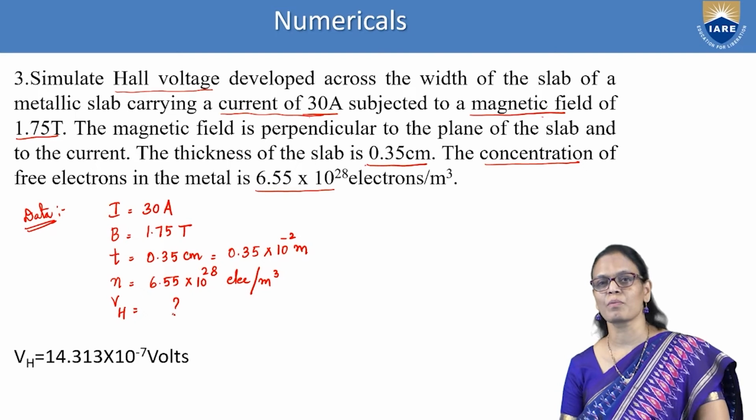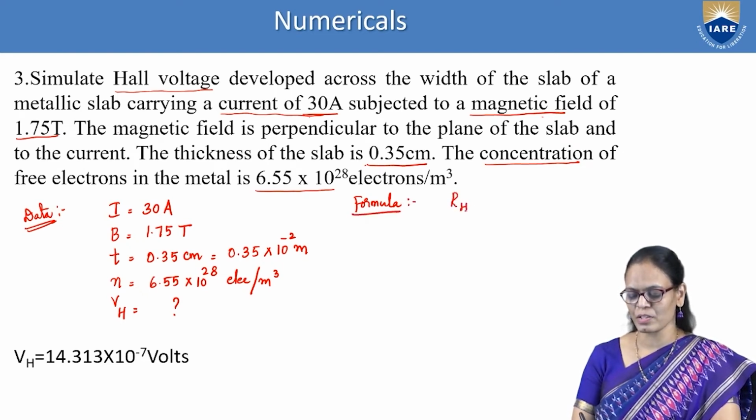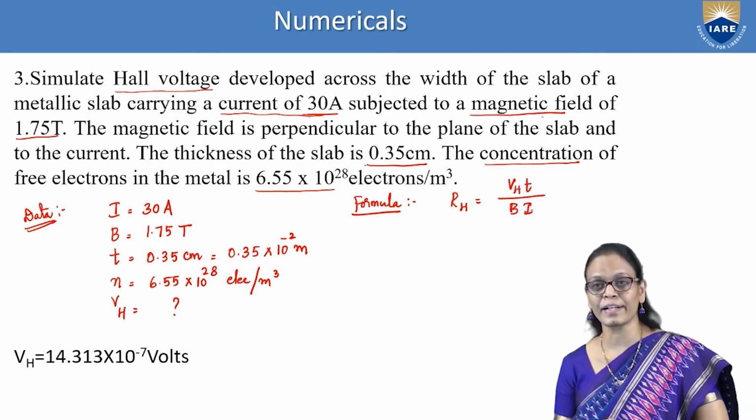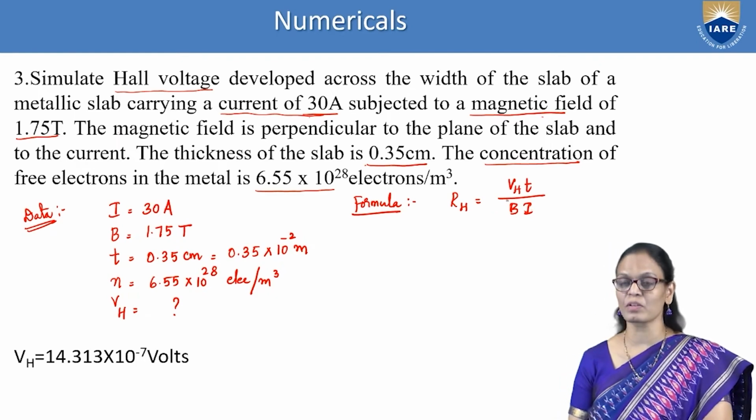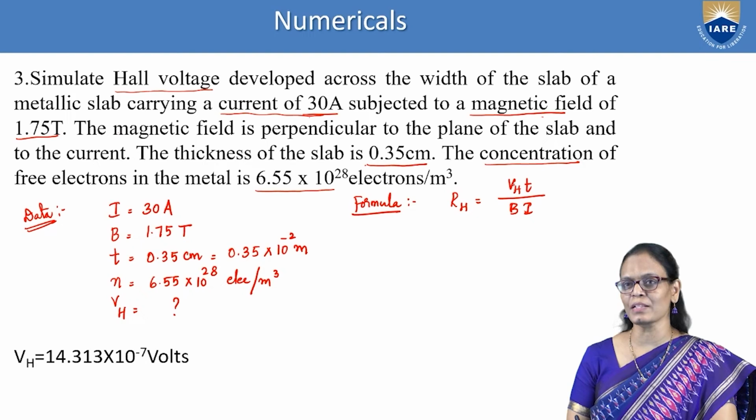VH is equal to how much? So what is the formula we are going to use? We have the formula for RH is equal to VH into T upon B into I. We have already derived this expression. RH is equal to VH into T by BI. Now we want to find the Hall voltage.